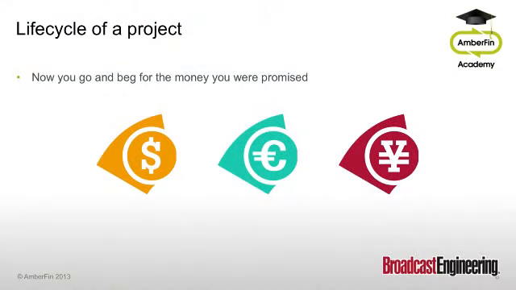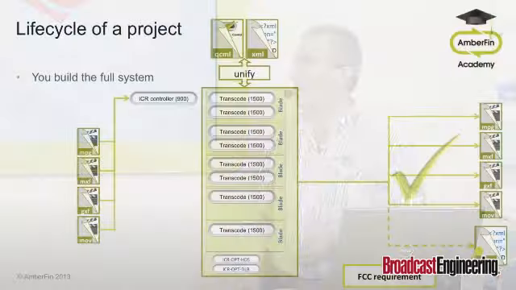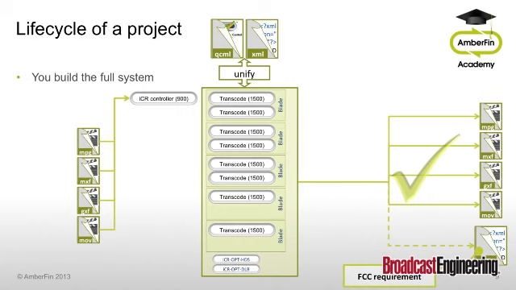So that's good. You do your proof of concept, you prove it's going to work, and then you go back to the CEO and say, please can I have the rest of that money that you promised me so that I can build my big system? And with any luck, your proof of concept was sufficiently compelling that they give you all of that money, and then you move on to build your big system. So the example we're going to use here is a transcode workflow because it highlights a lot of the issues very well.